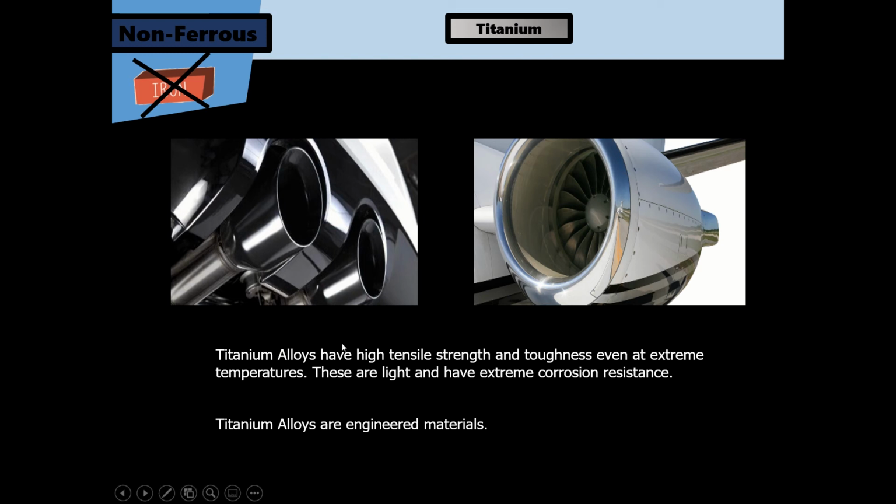Titanium alloys are engineered materials because the procedure for processing them is very different. They are tough even at extreme temperatures, so how do you process something which is so strong? That's the reason why.